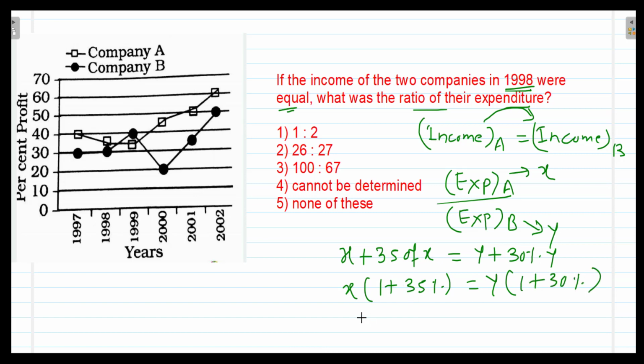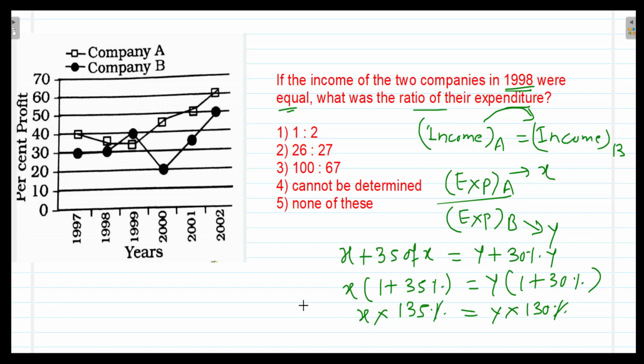So 1 plus 35% will be what? 135%. So it will be X into 135%, which is equal to Y into 130%.